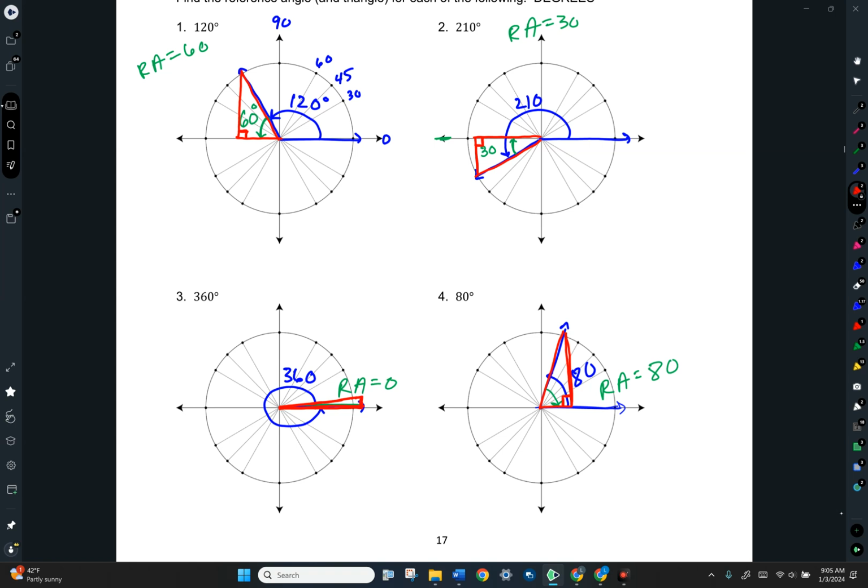It's kind of like that triangle doesn't really exist because the terminal side is on top of the initial side. So let's put it this way. Yeah, there's a reference triangle, but we're going to put it in quotes because really the reference triangle is just a line because one side is on top of the other side. So don't get hung up on that.